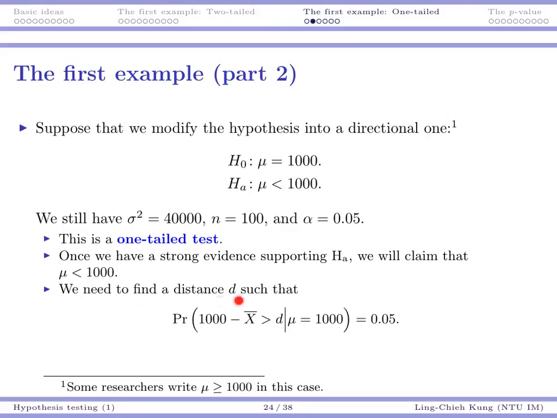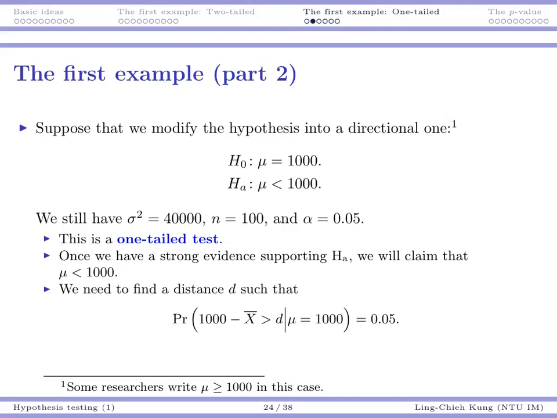We need to find a distance d such that if 1000 is greater than x bar by a large enough number, then we claim that's true. And we want the probability to be just 5%.